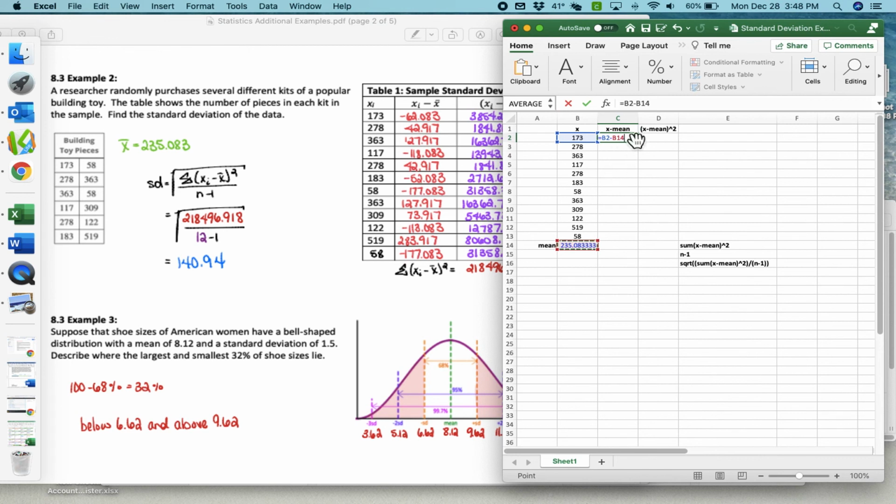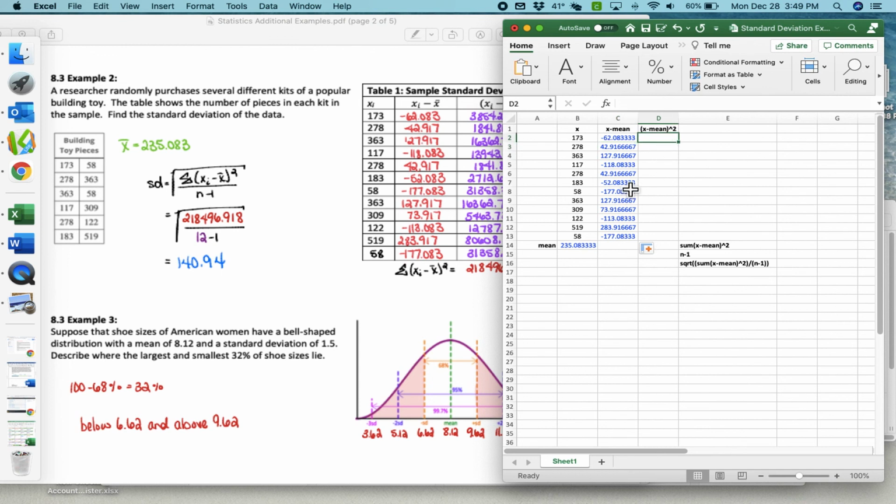So what we have to do is put dollar signs around the B. And I'll show you what that does. When we drag down now, it's going to take each of these data points. You can see for the second one it took B3, but it kept cell B14 for our mean. Okay, and that's what we need those dollar signs for.